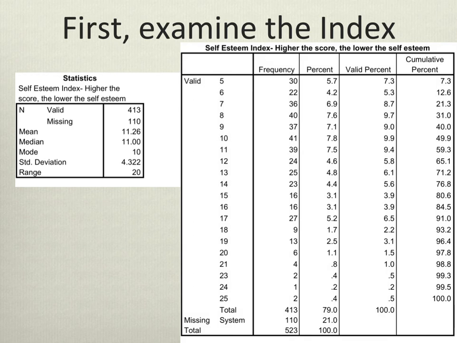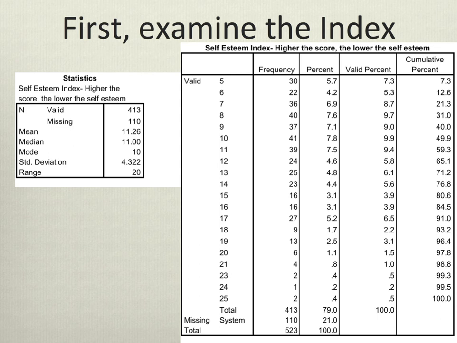There were 5 items going into the index, so the minimum score is 5. On this scale, the higher the score, the lower your self-esteem. So the people scoring the 5 had very high self-esteem. Because there were 5 items and 5 points on each particular item, the maximum score is 25. We can see that very few people fell into the very low self-esteem end of the scale.